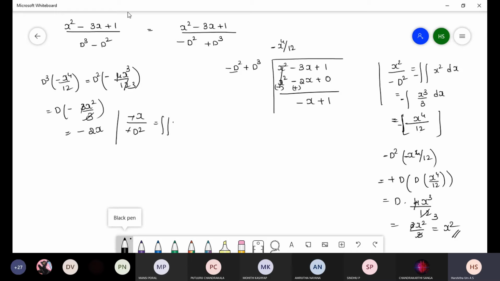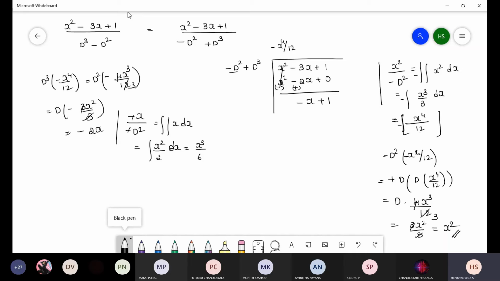So double-time differentiation of x into dx. So here x square by 2, and one more time we have to do the integration, x cube divided by 6.